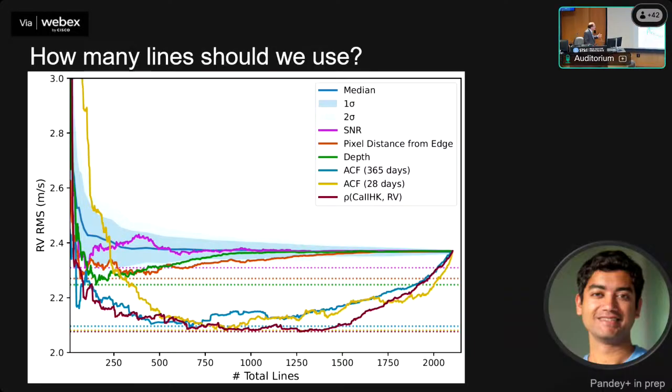So there's a subset of hundreds of lines where even just taking their average does better than taking all the lines. So evidently, boosting our photon noise wasn't the best strategy. The best strategy is to find the lines that behave well.